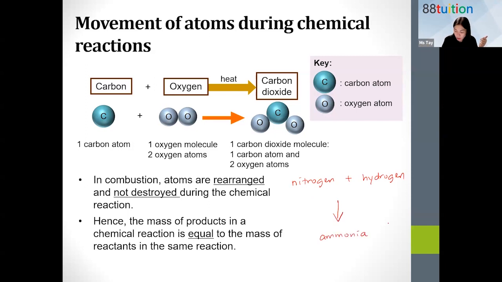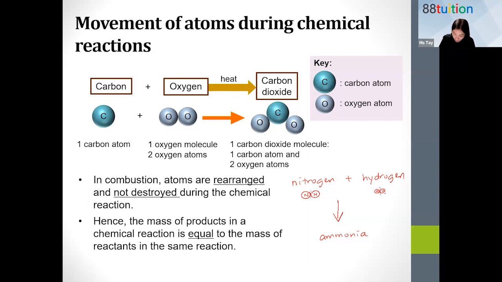This is a reaction that you might want to consider exploring, because nitrogen looks like this. It is diatomic, same as hydrogen, also diatomic.